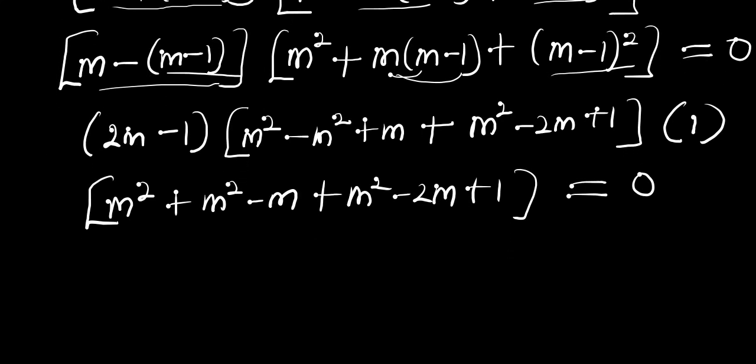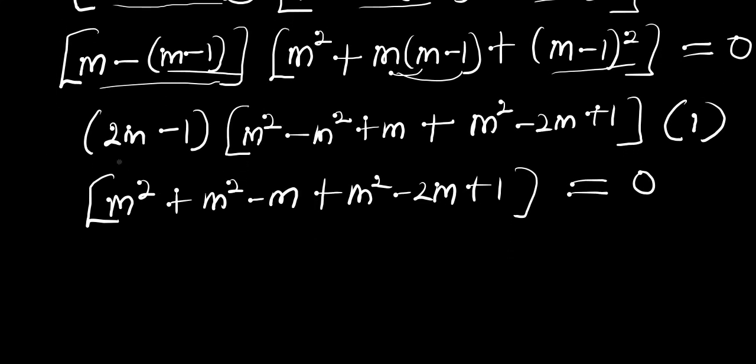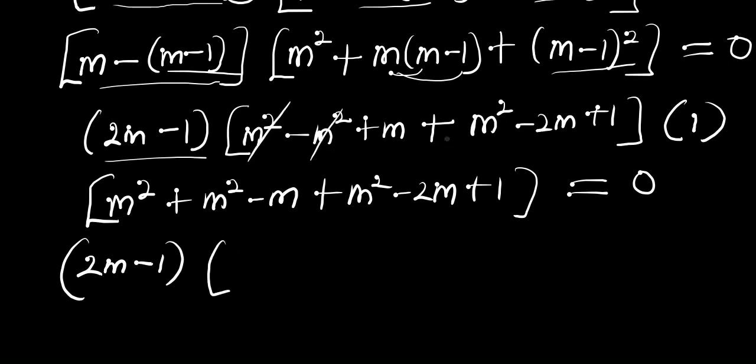So that means what we are going to have is, let me take this one, 2m minus 1. Then let me work on what we have here: m squared minus m squared, this will cancel. Then we have m squared, positive m minus 2m, we are going to have negative m.